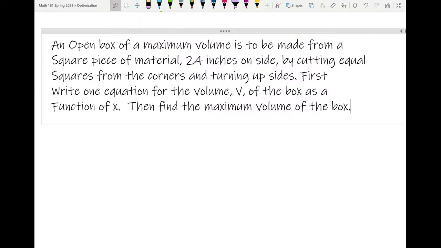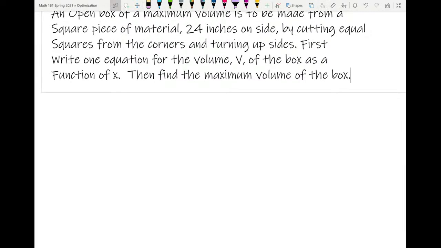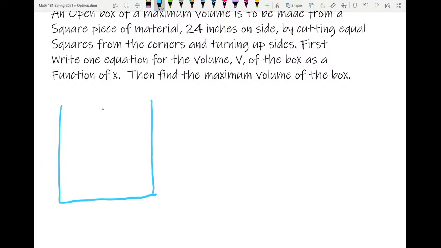All right, so let's look at this problem. I'll give you a couple minutes to look at it. Here is a square flat surface piece of metal. I want you to read the question.